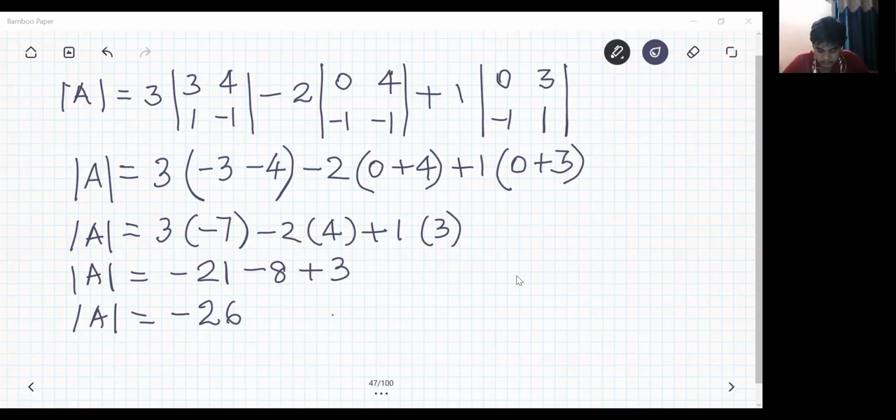So 0 minus of minus 4 becomes 4. So what is alpha 1 2? Alpha 1 2 is equal to minus 1 into 4 to the power of 1 plus 2, which is minus 4. See, plus minus is very important. If you just ignore it, you get it wrong.